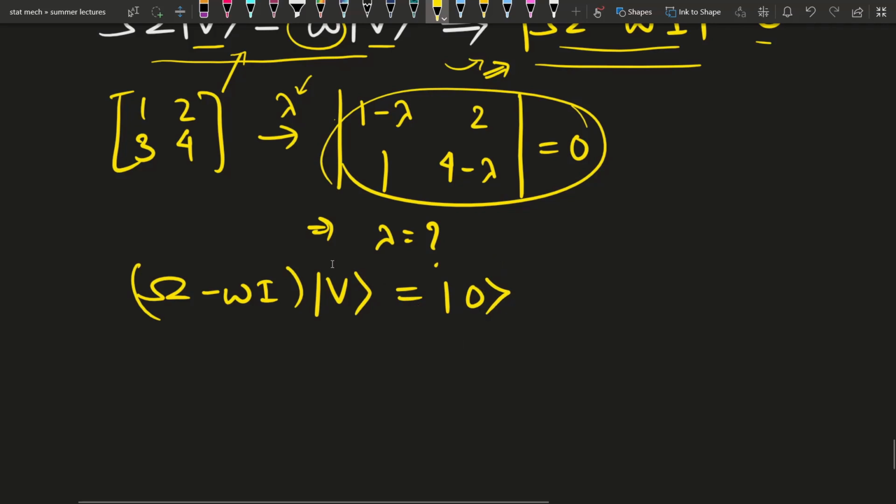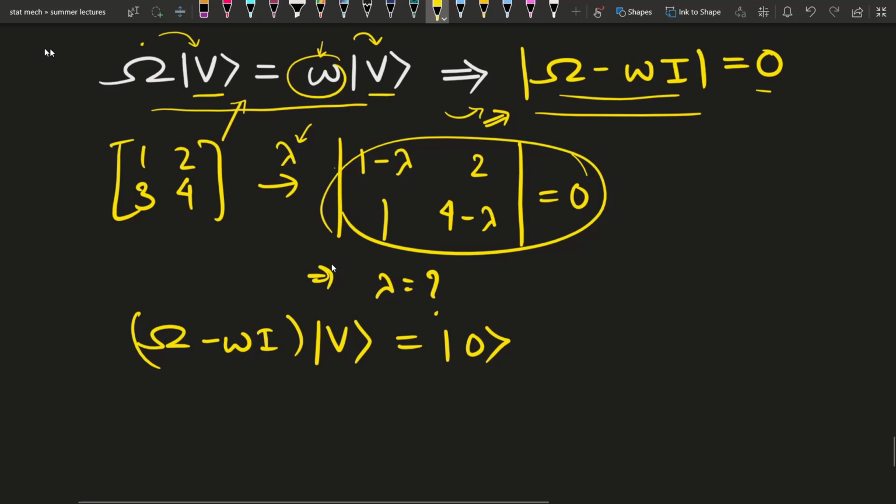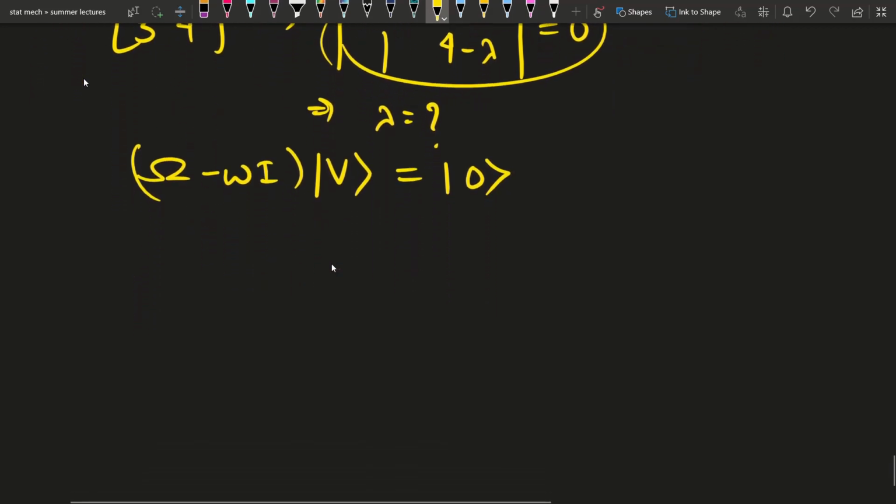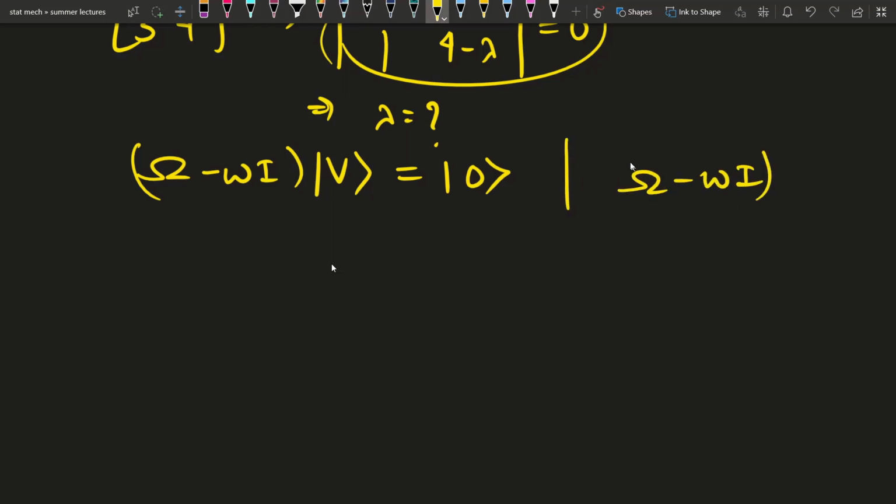What I have done is take all the terms of this eigenvalue equation to the left hand side. So just operate with the inverse of omega minus omega I. Suppose this inverse exists, we are just considering this. Later you will understand why we consider this. Then operate this inverse on the left hand side.